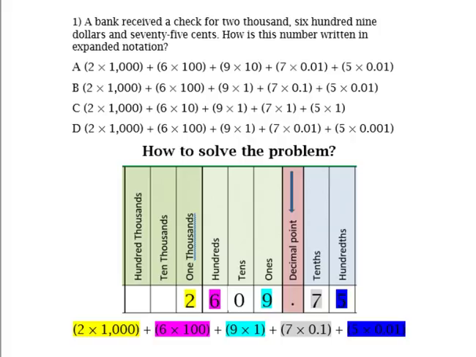That's 7 times 0.1. And also the 5 is in the hundredths place. That's 5 times 0.01. In looking at our answer choices, let's see which answer is correct based on how we solved our problem.